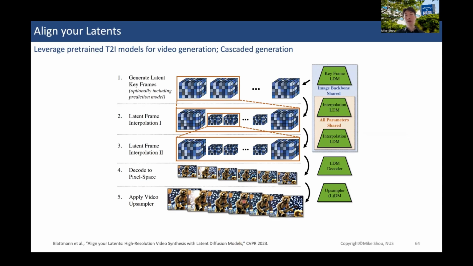So it's more efficient, because latent diffusion models operate in the latent space instead of directly working in the pixel space. But because of that, they not only need to do keyframe generation, interpolation, and super resolution, but also have a decoder to decode the latents into the pixel space.